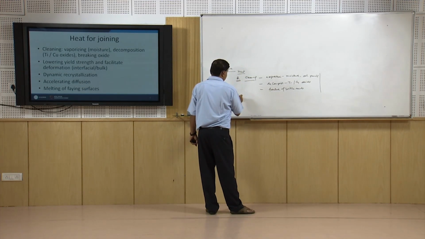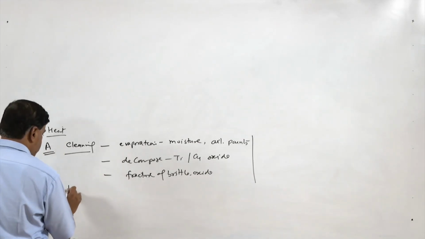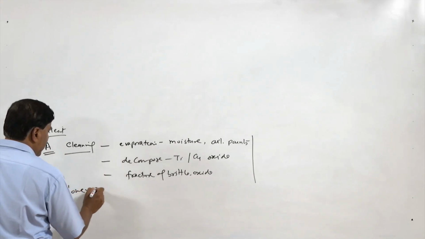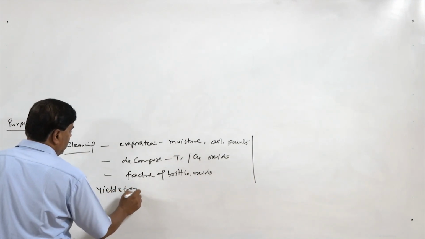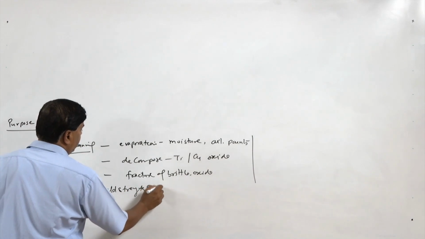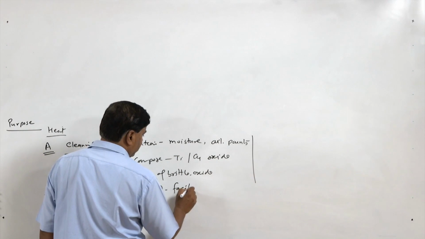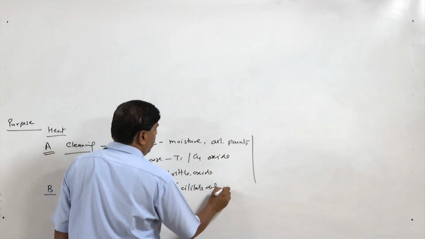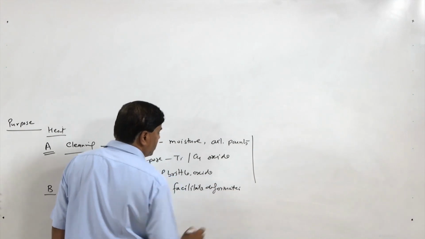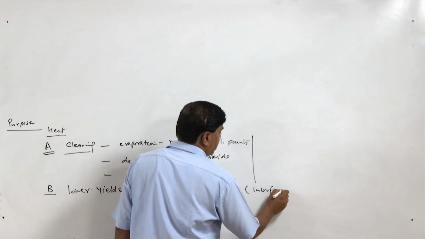The second one is that the application of heat helps to lower the yield strength of the metal. Reduction in the yield strength sigma y of the metal helps to facilitate the deformation. This deformation in some of the processes is interfacial, and in some of the processes it is bulk.